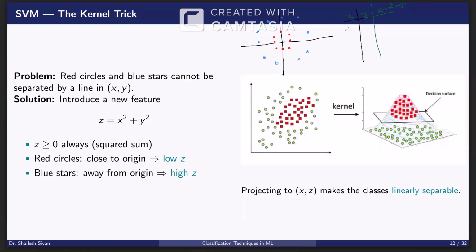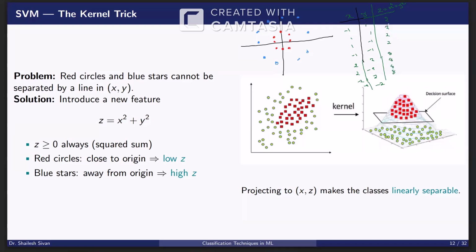So suppose the points are (-1, 1), (1, 1), (1, -1), (-1, -1), and the other set of points are (2, 2), (2, -2), (-2, 2), (-2, -2). What is the value of Z for these 4 points? 1 square plus 1 square, that is 2, 2, 2, 2, right? And for these, it is 2 square plus 2 square, that is 8, 8, 8, 8, right?